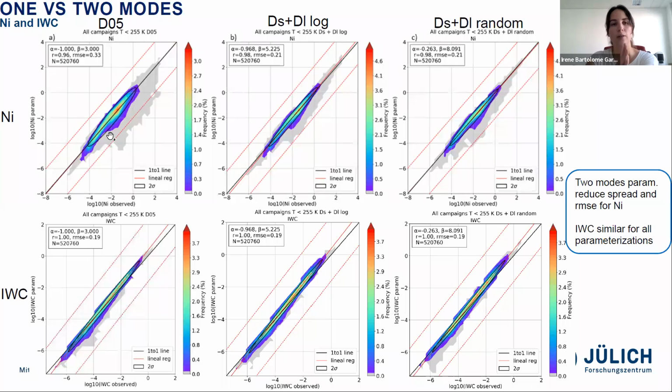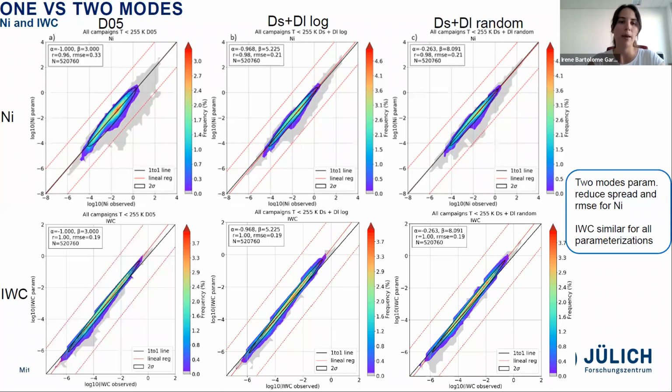In the upper left plot we have the DO5 parametrization, and the other two correspond to the two bimodal parametrizations. We have the one-to-one line in black. There's also a regression line in red, and the dashed red lines are just the regression line moved by a factor of 2. And the ellipse corresponds to 2 sigma.